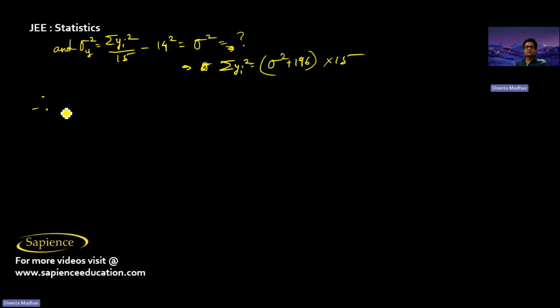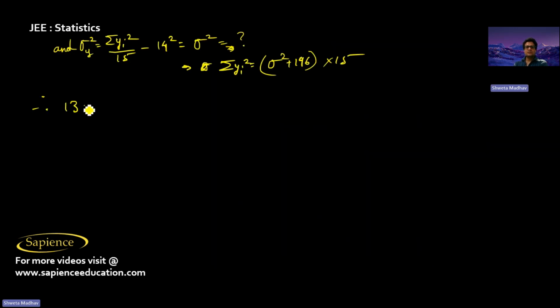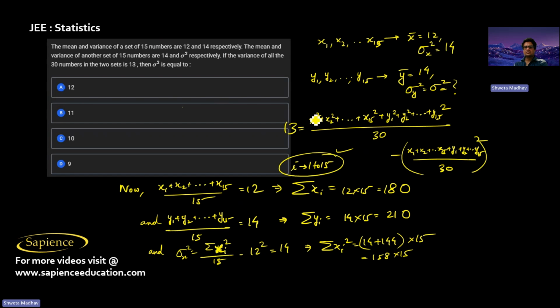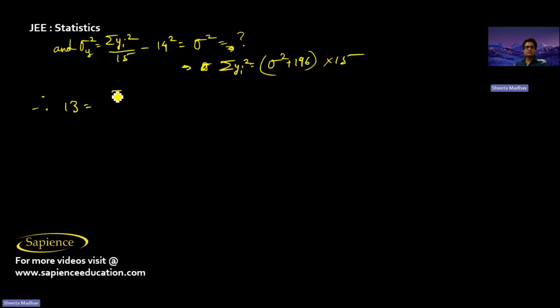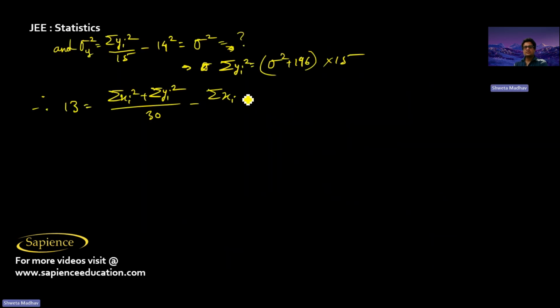Now, therefore, this variance is 13. So 13 is equal to summation xi square plus summation yi square divided by 30, minus summation xi plus summation yi divided by 30, its whole square.